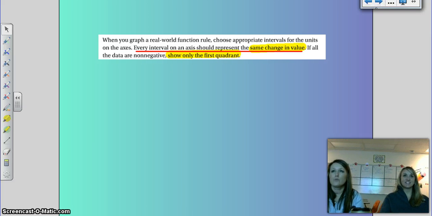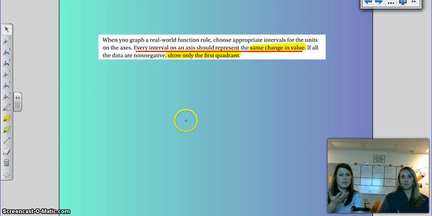All right, when you graph a real-world function rule, choose appropriate intervals for the units on the axes. Every interval on an axis should represent the same change in value. If all data are non-negative, show only the first quadrant. So ultimately, guys, whatever you're going to skip by on your graph, you've got to do it everywhere, and it needs to make sense for the problem.